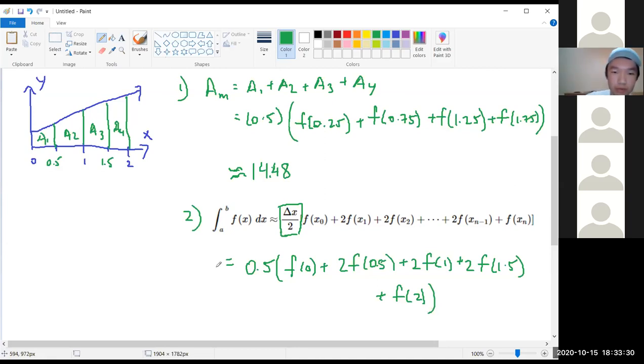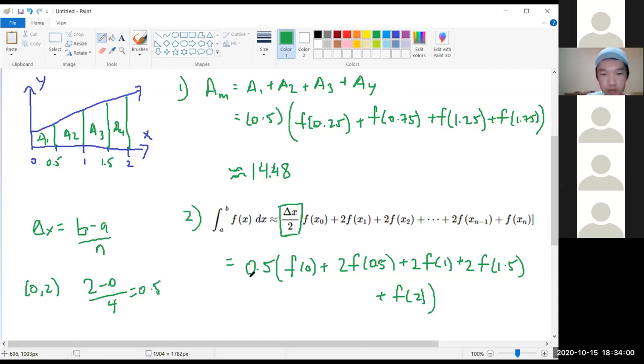By the way, in case you don't know the formula for delta x, let me include it again. Delta x is basically b minus a over n. In this case, our interval is from 0 to 2, so that's your a and your b. So this would just be 2 minus 0 over 4 subintervals, which is how we got 0.5 here.